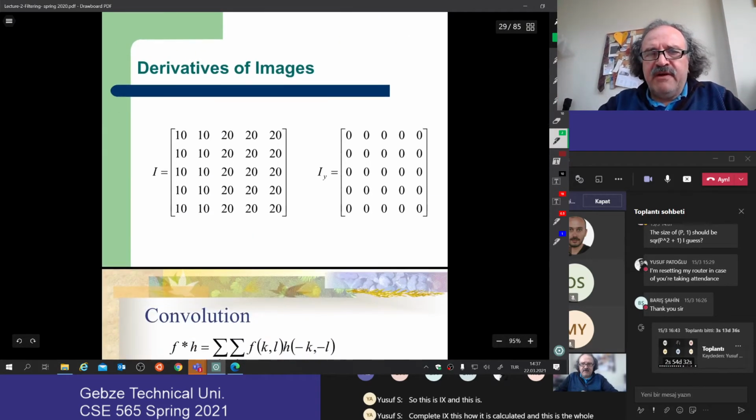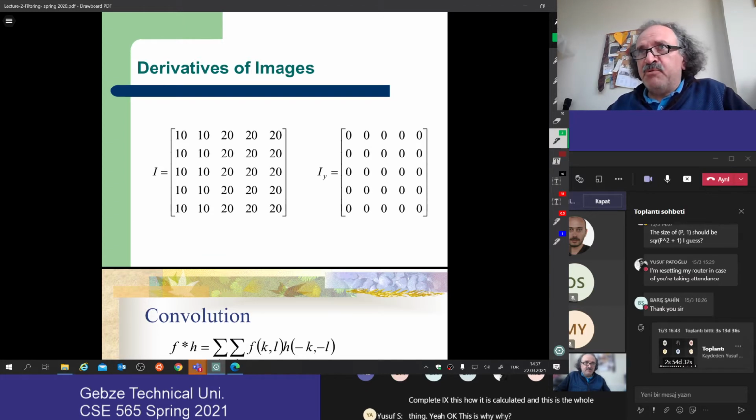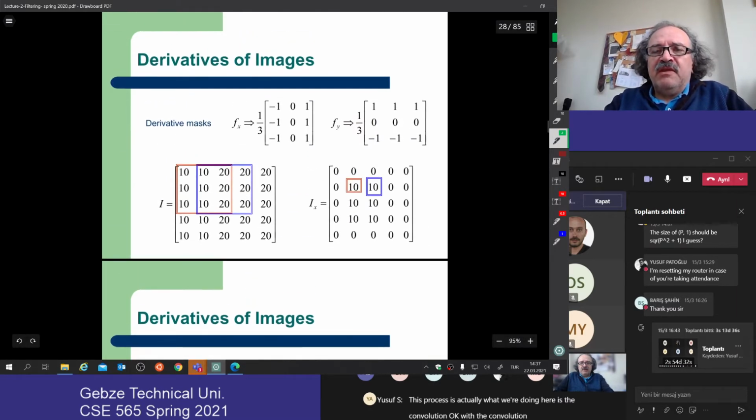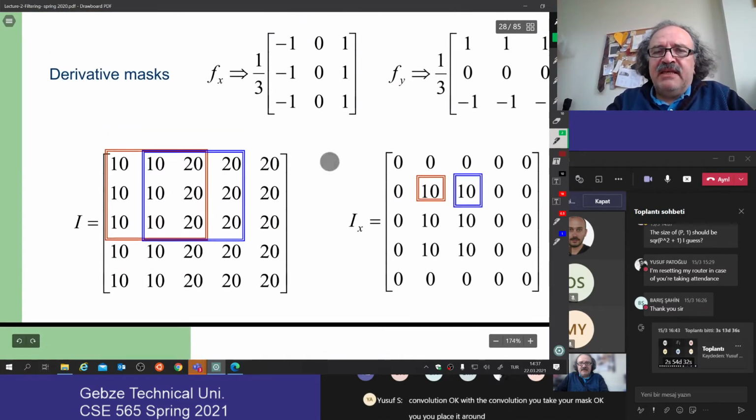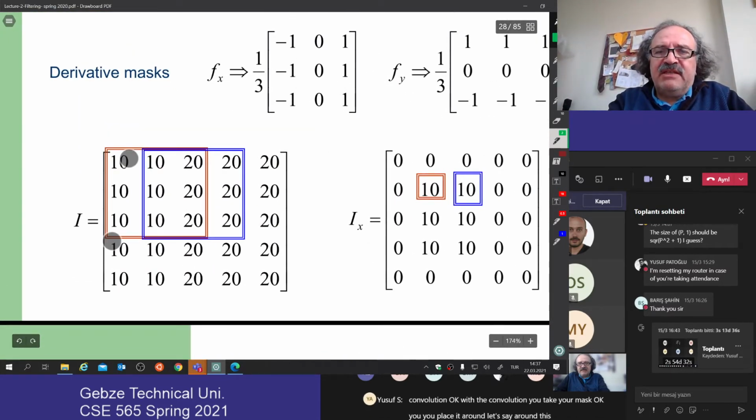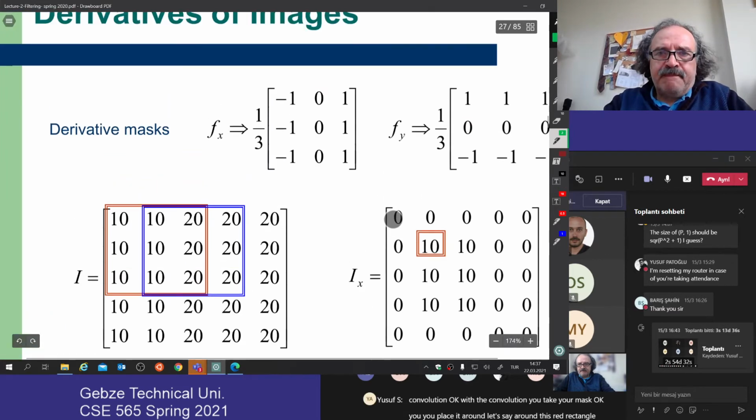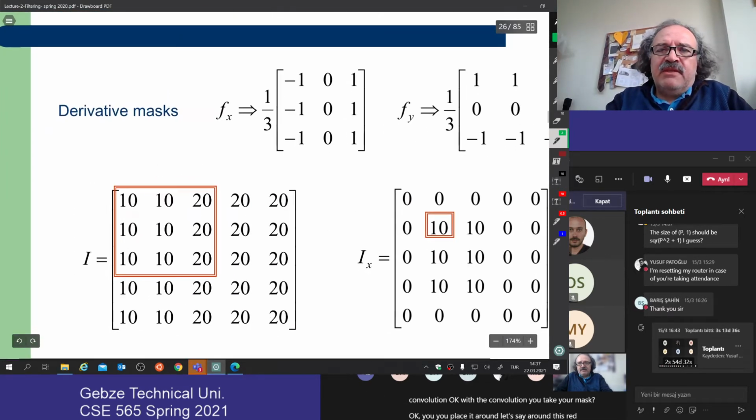Okay. This is Iy. What we are doing here is actually a convolution. With the convolution, you take your mask, and you place it around, let's say, this red rectangle.